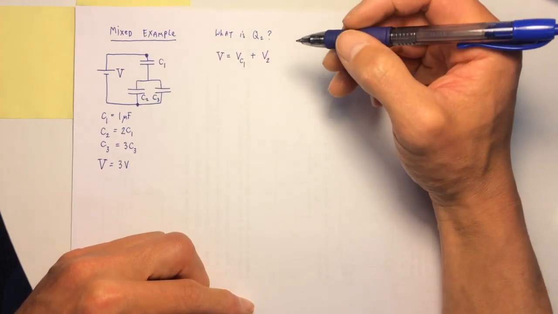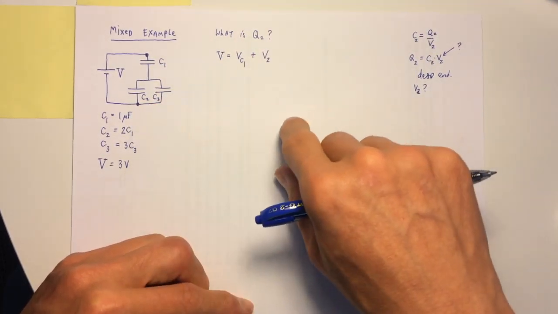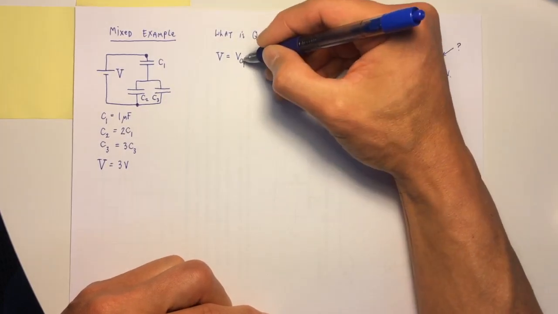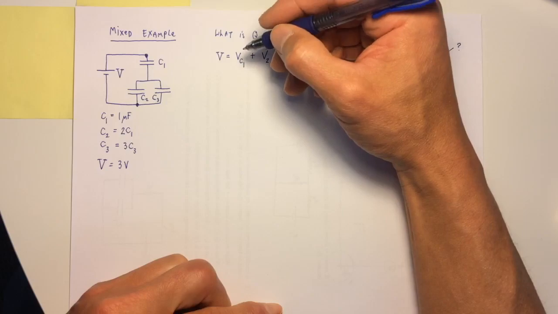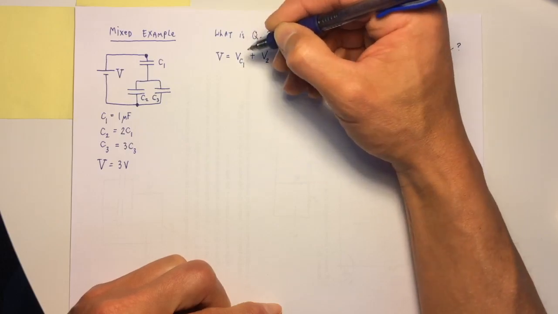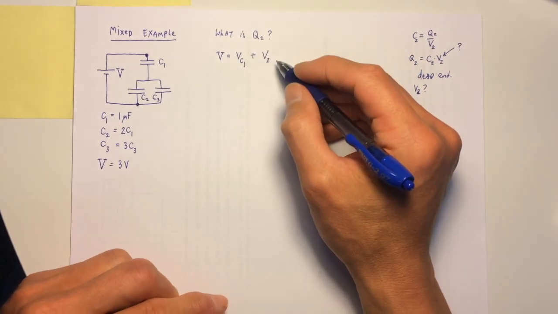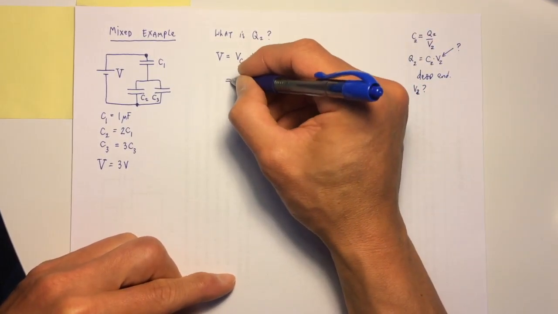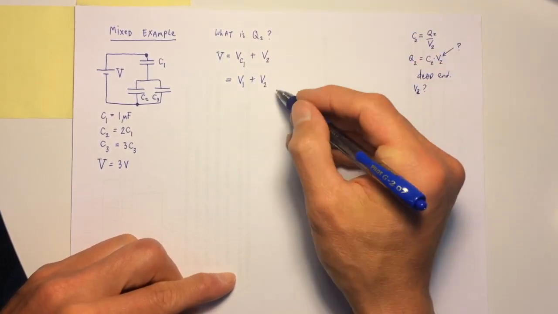It's either V2 or V3. And I apologize, I shouldn't have written V sub C1, I should just write V1. I'll rewrite it: V1 plus V2, but not V3.